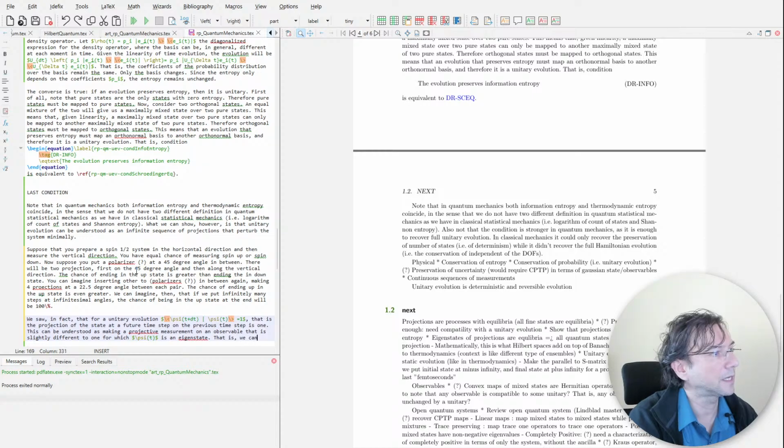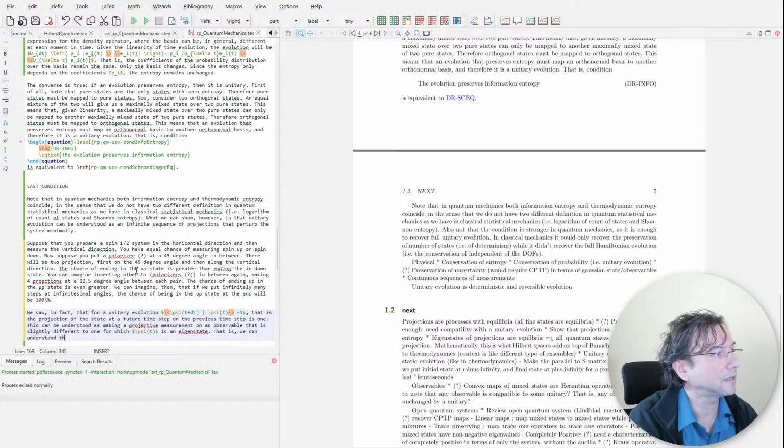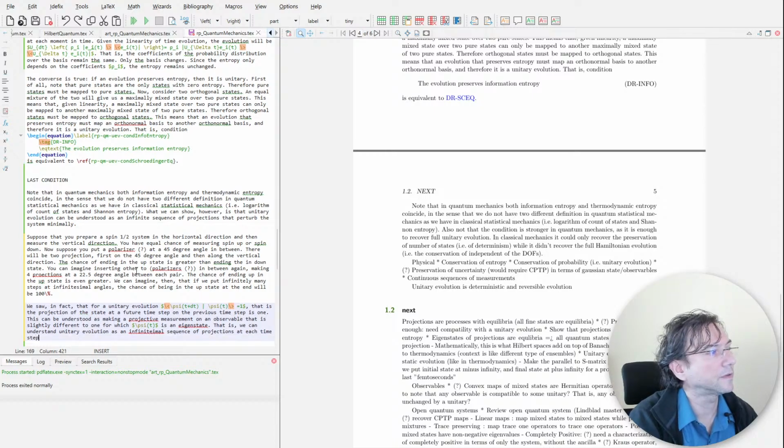That is, we can understand unitary evolution as an infinitesimal sequence of projections at each time step.